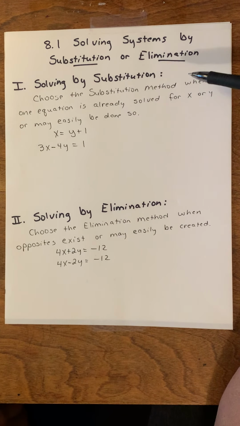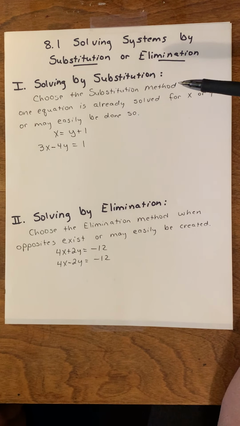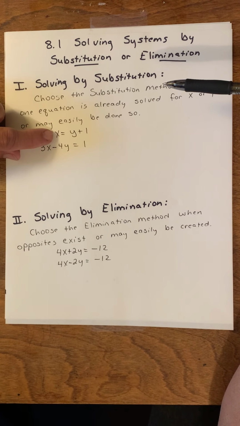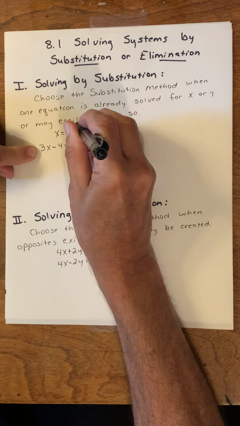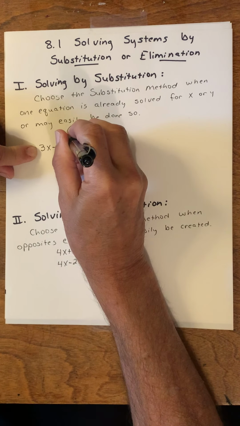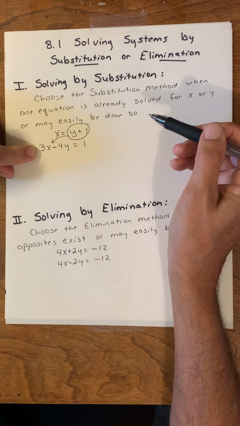Choose the substitution method when one equation is already solved for x or y, or may easily be done so. Now check it out. One of these equations, here's my system of linear equations, one of them is already solved for x. Since that's the case, in the other equation, I substitute y plus 1 in the place of x, since x is y plus 1.